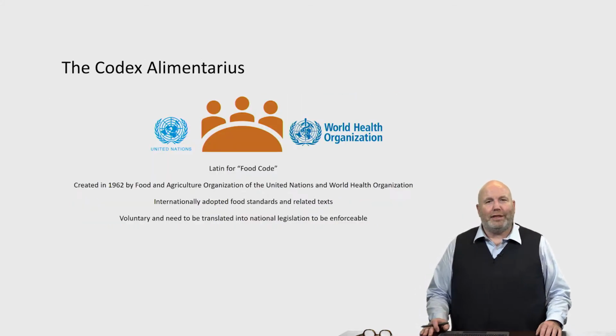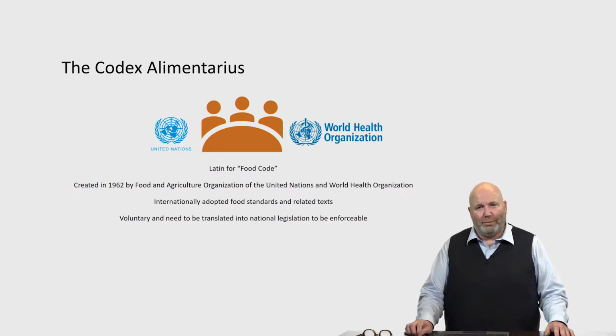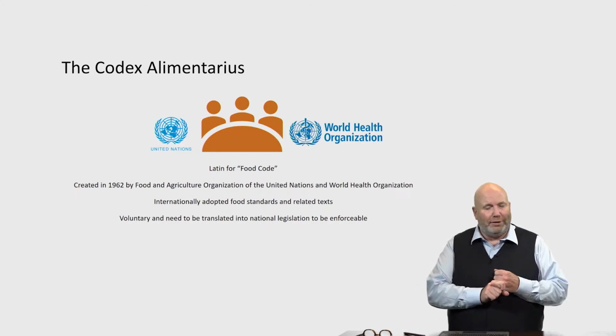The Codex Alimentarius is a way for food scientists to talk with each other about labels. This is called the Food Code. It was set up by the FAO, the Food and Agricultural Organization of the United Nations, and we've done several things with Codex Alimentarius. For example, on the food labels, in terms of caloric replacement and the nutrient information, the order in which ingredients are listed on the label is due to the Codex.